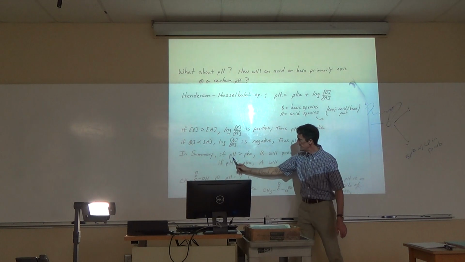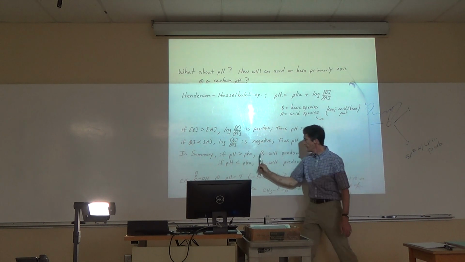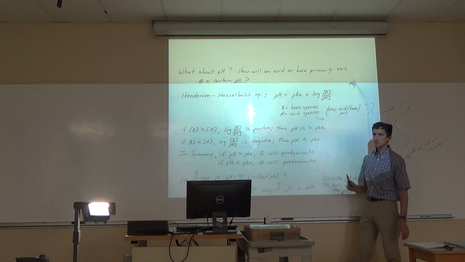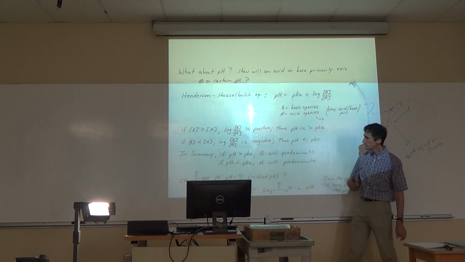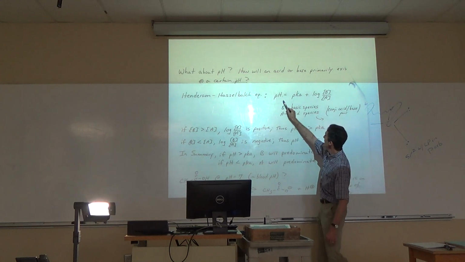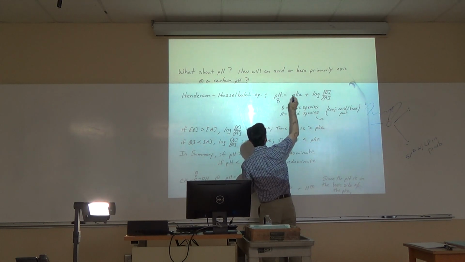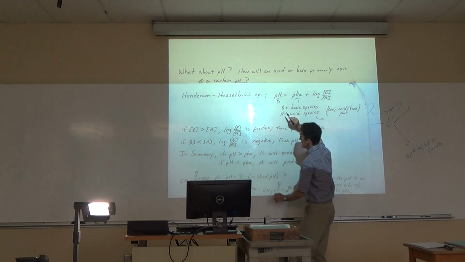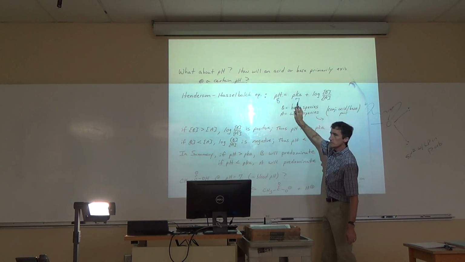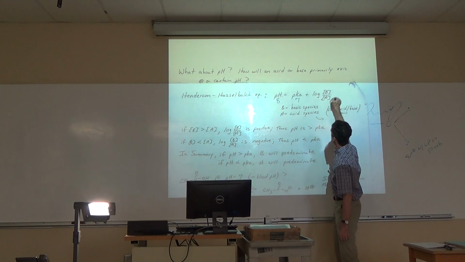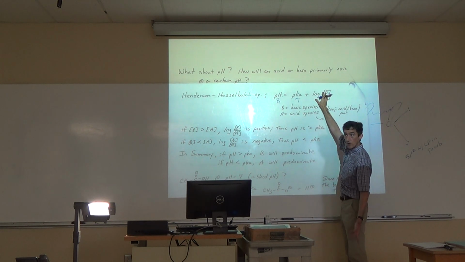In summary, if pH is greater than pKa, the basic species will predominate in your equilibrium. Because for pH to be greater than pKa, for example, if pH is 8 and pKa is 7, what does this have to equal? 1.